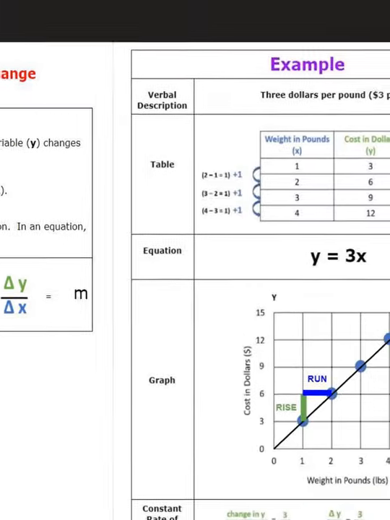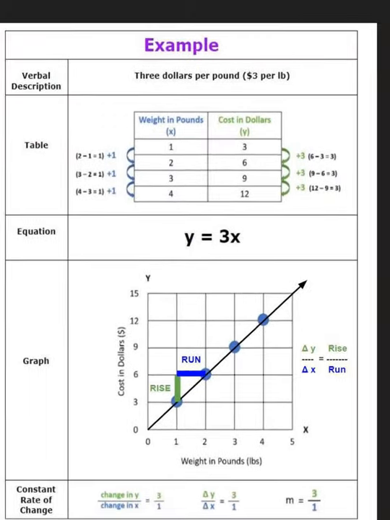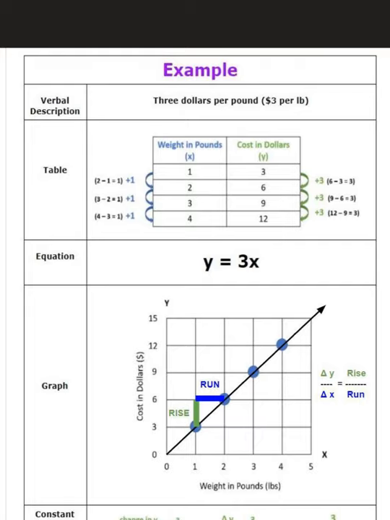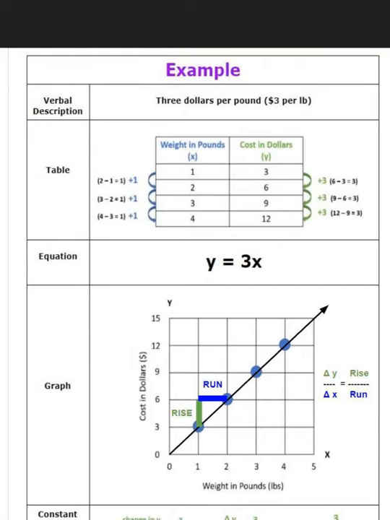Now let's look at the examples that are done here. For the beginning of this, we have the verbal description. This whole example is just one big example, representing it in different ways. So we first have the verbal description, $3 per pound. Now we have a table.